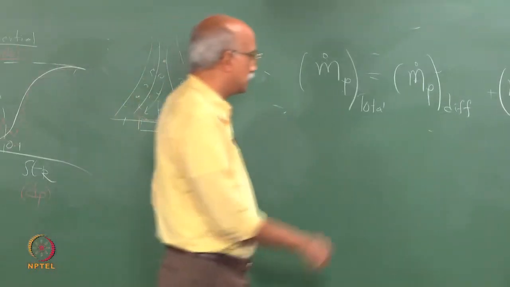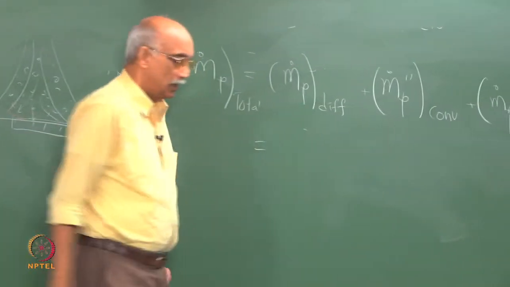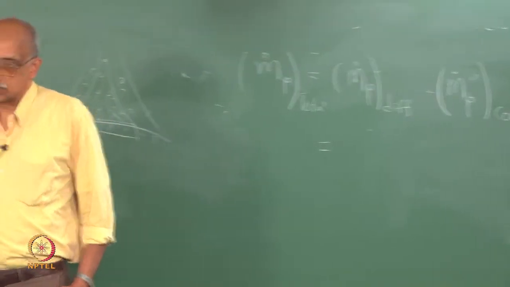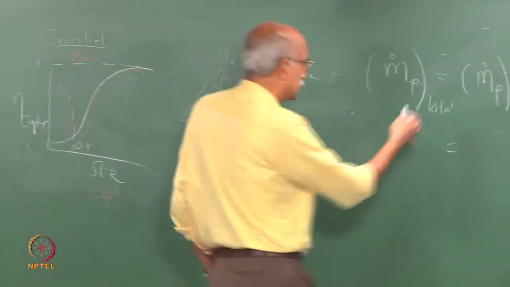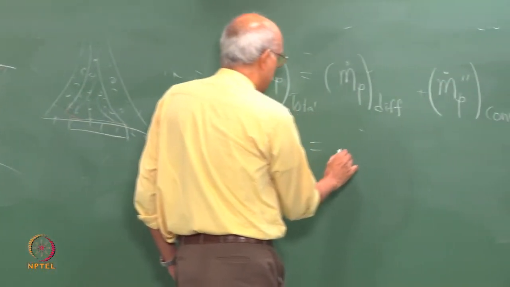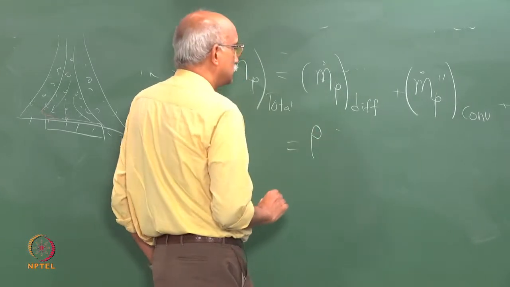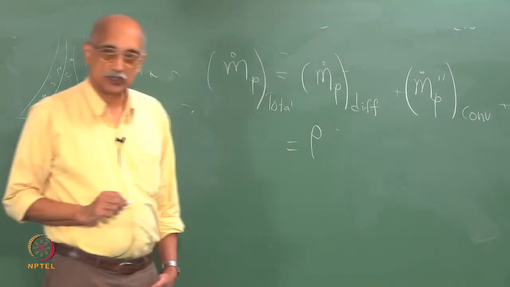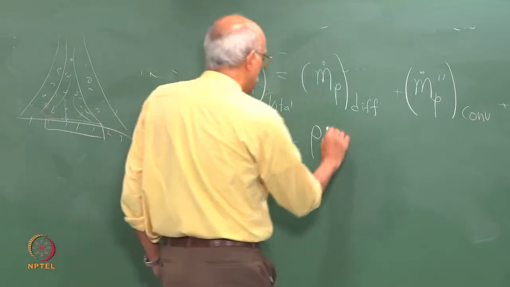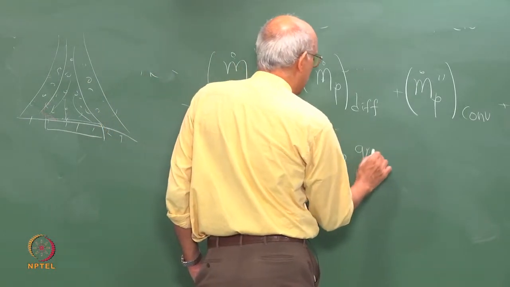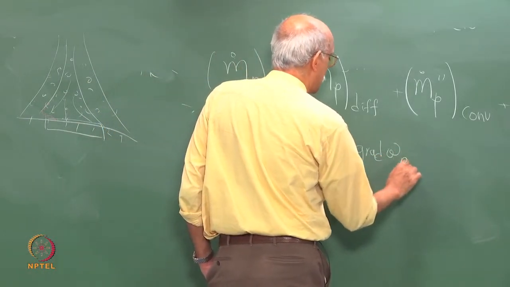So, if I look at this expression, how do we write each of these terms? I think we have done this earlier. You can write the diffusional deposition as rho times dP times gradient in omega p, right.